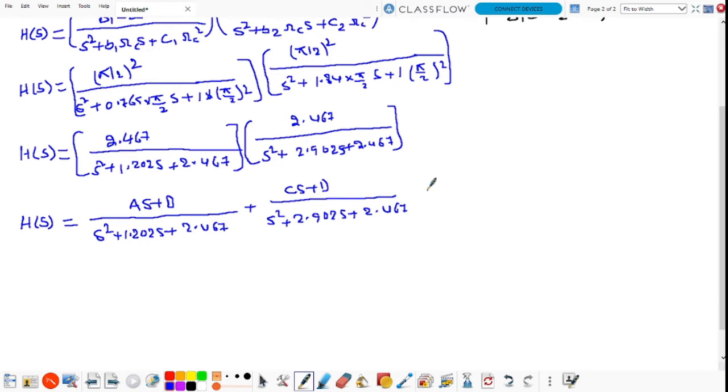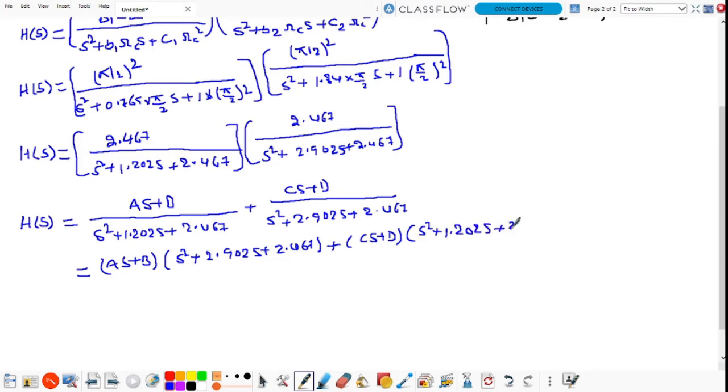On RHS side, take the LCM. We get As plus B into s square plus 2.902s plus 2.467 plus Cs plus D into s square plus 1.202s plus 2.467, divided by this characteristic equation into this characteristic equation.